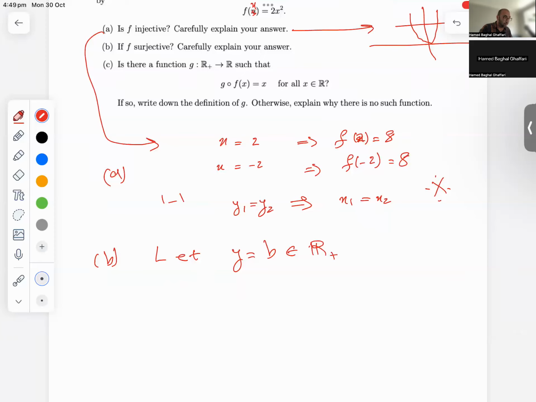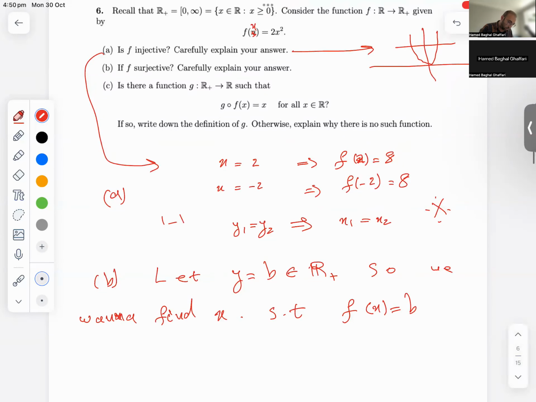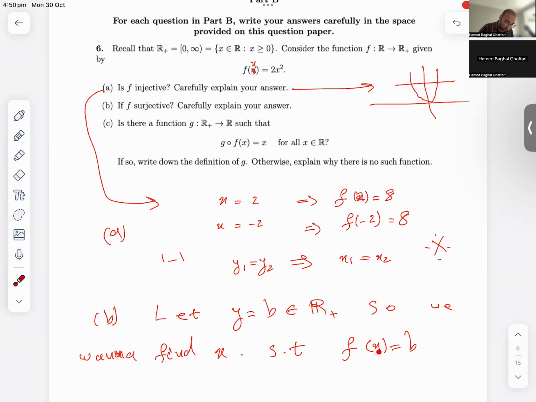We want to find x such that f of x will be b. So this means the image of the function will be equal to the range.